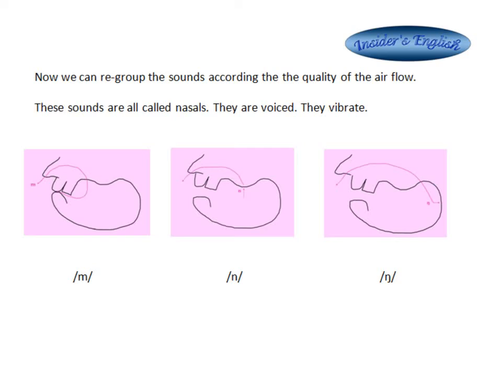Air through your nose. Picture 2, put your tongue on the bump behind your tooth and push the air through your nose. And picture 3, tense the area at the back of your throat and push the air through your nose.